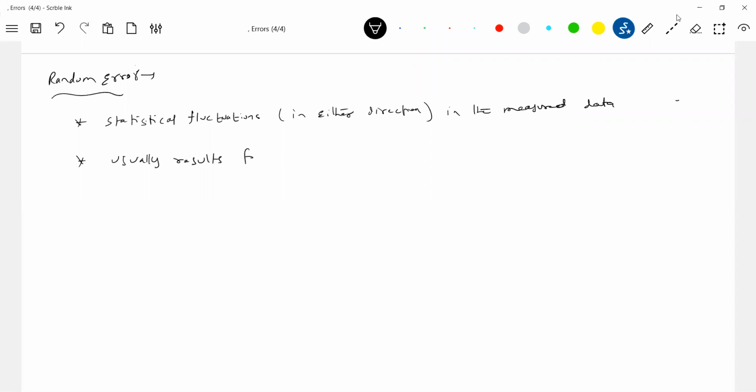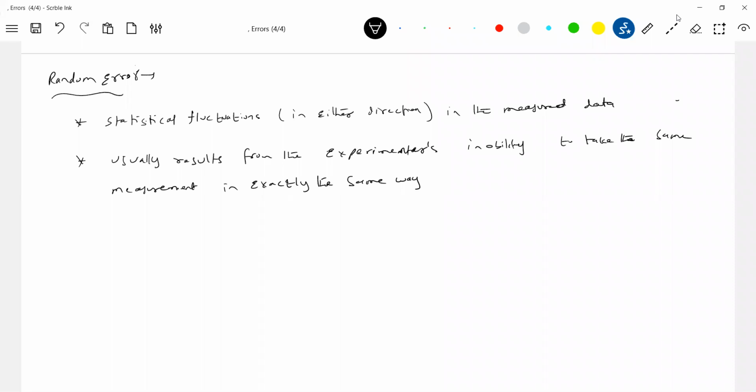Usually results from the experimenter's inability to take the same measurement in exactly the same way to get the exact same number. I think this is a very, very important part of random error.